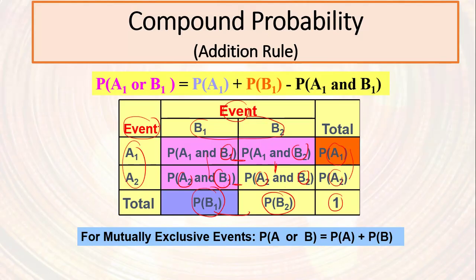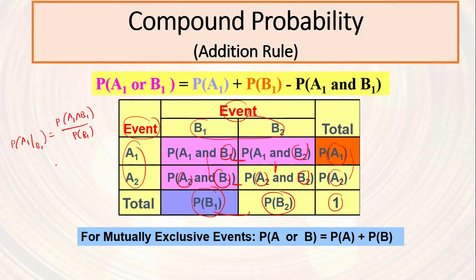If you write like this, it'll be a lot easier for you to figure out the conditional probabilities, because conditional probabilities are basically coming from this. I'm going to write down conditional probability for you. Probability of A1 given B1 equals probability of A1 intersection B1 divided by probability of B1.